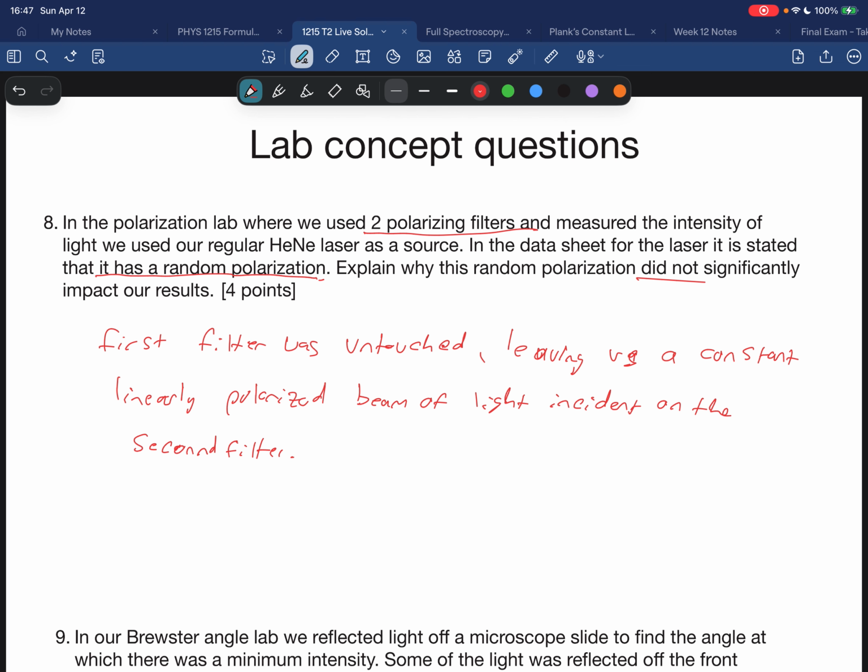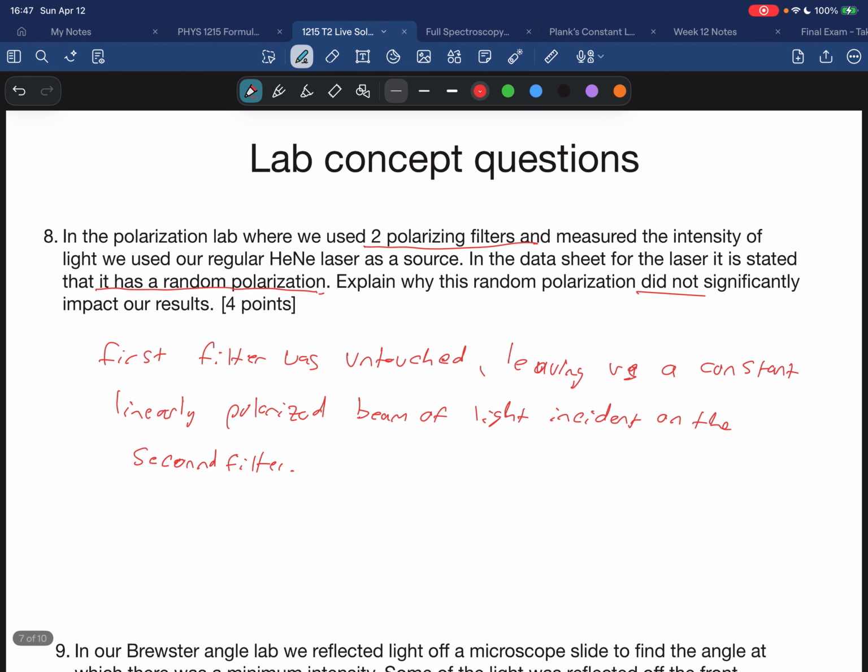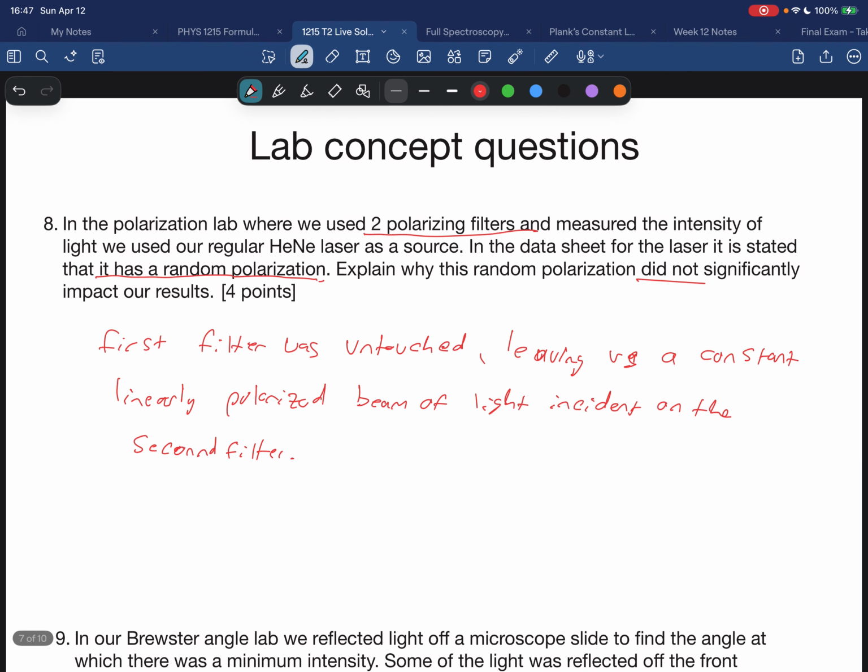Great. So yeah, just the first filter, passing the light through the first filter and not touching the first filter at all, left us just a constantly polarized beam of light hitting the second one.